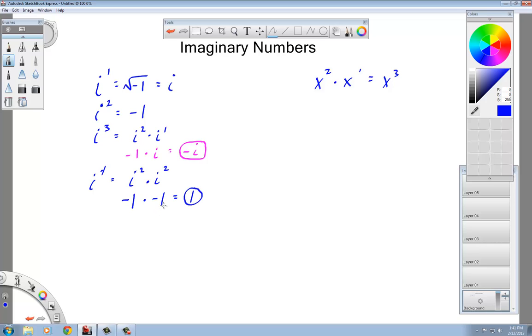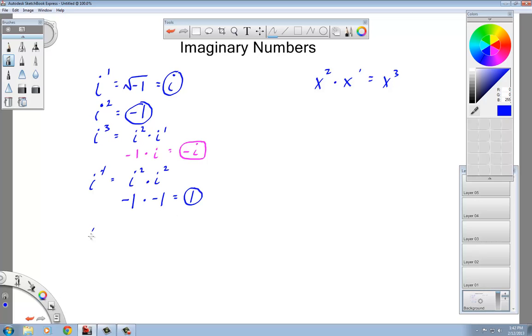Now the cool thing that happens after you get this far is if I circle each of these: i to the first equals i, i to the second equals -1, i to the third equals -i, i to the fourth equals 1, and it starts repeating after that.